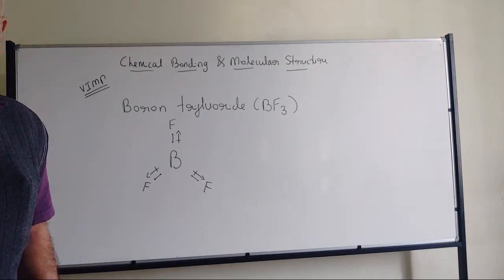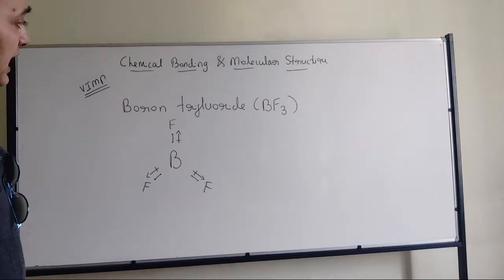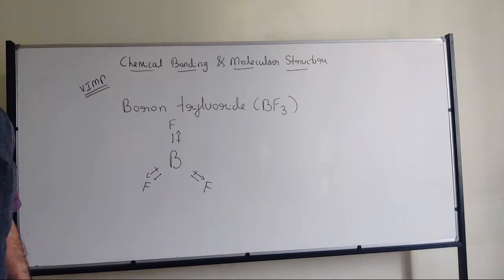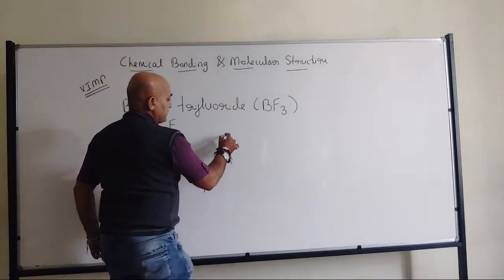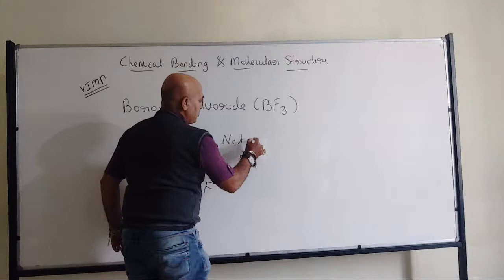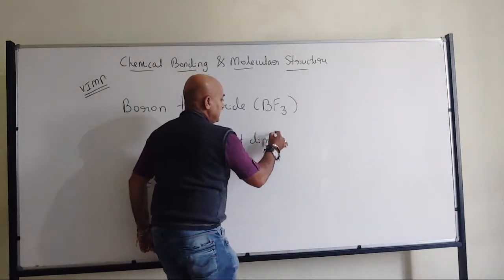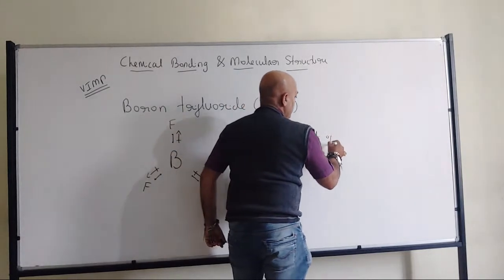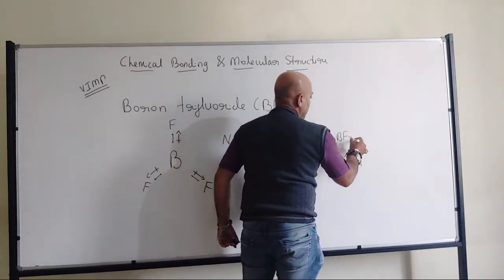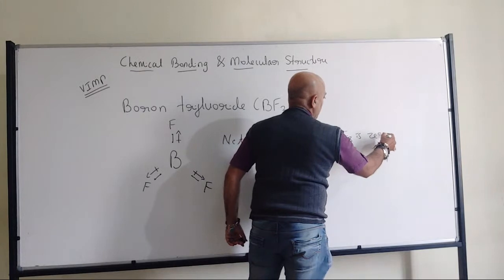So, boron will be having partial positivity, and fluorine will be having partial negativity due to the movement of electrons. But observe here carefully. When I take the molecule, the net dipole moment of boron trifluoride is 0.